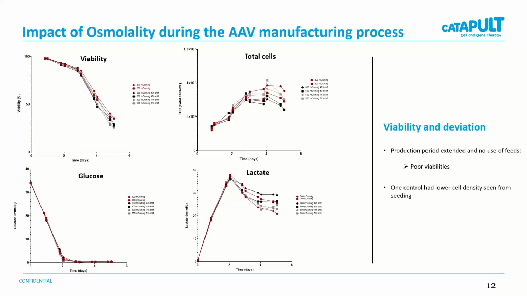Because of that, we have quite poor variabilities, especially at the end of the process. We also had a slight deviation of one of our controls, which had a lower cell density from the beginning of the experiment. You will see our control has some variability, but this can be explained by this deviation.